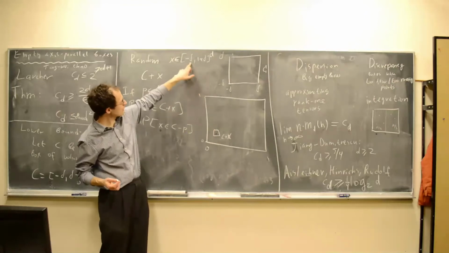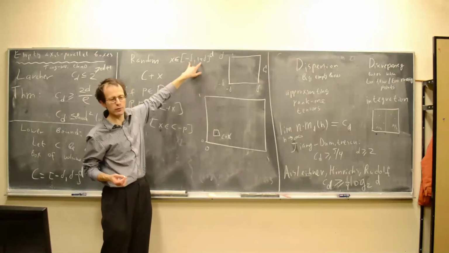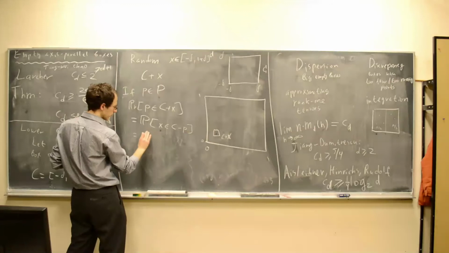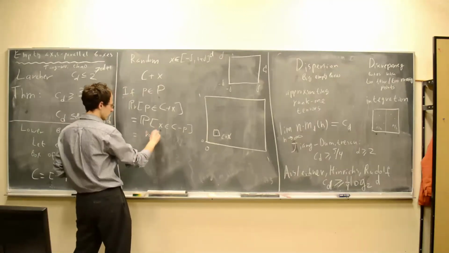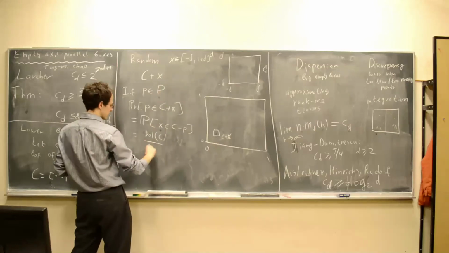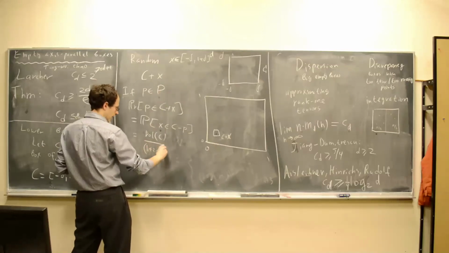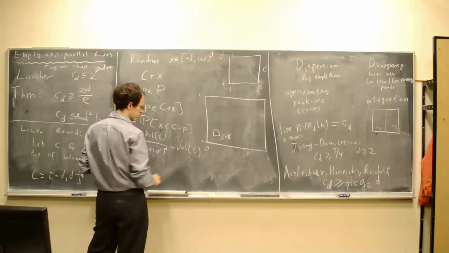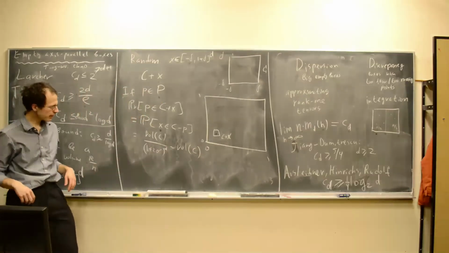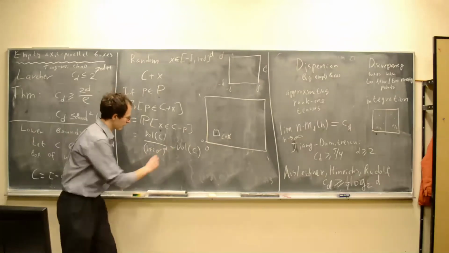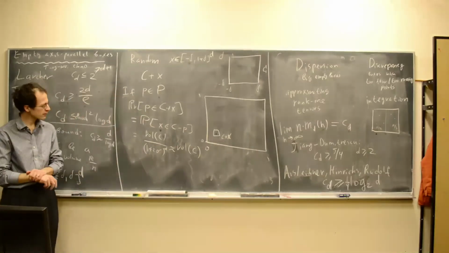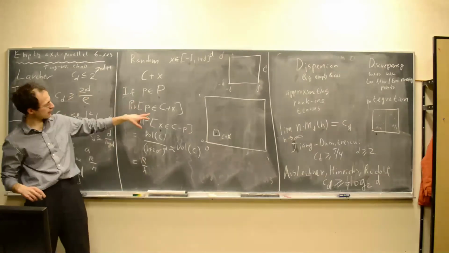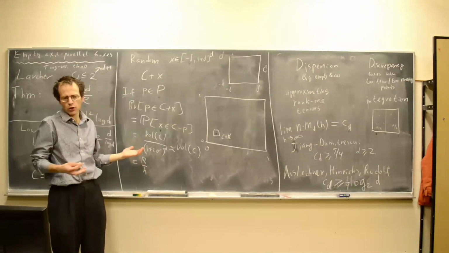You need to divide by the volume of this, which is delta to the power D. But I'll just say it's basically the volume of C, which is basically R over N. So the probability you capture a given point is proportional to the volume of the set. Nothing surprising.